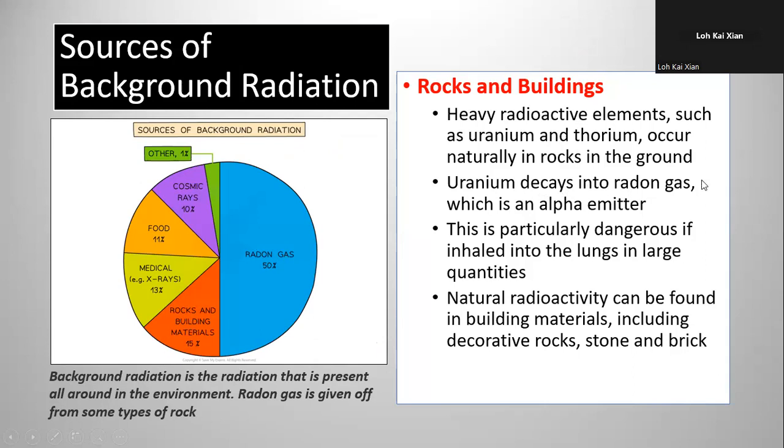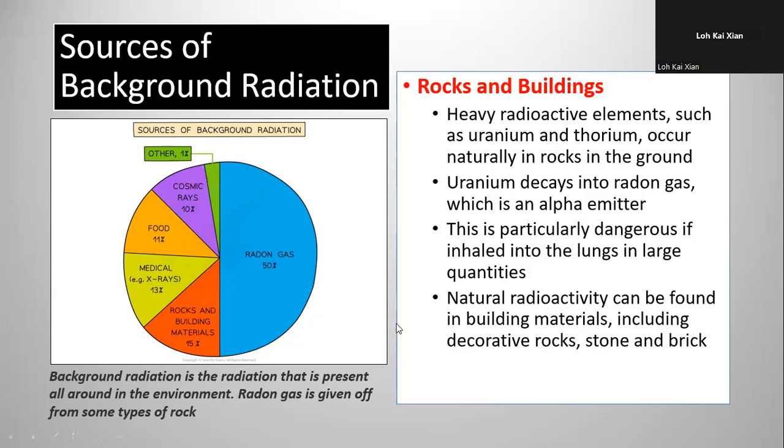Uranium decays into radon gas, which is an alpha emitter. This is particularly dangerous if you inhale it into the lungs in large quantity. Remember, the radon gas is still radioactive and it disintegrates into other isotopes, and those isotopes will cling to the dust.